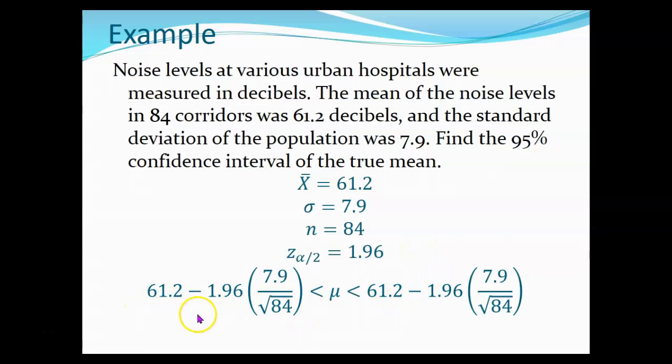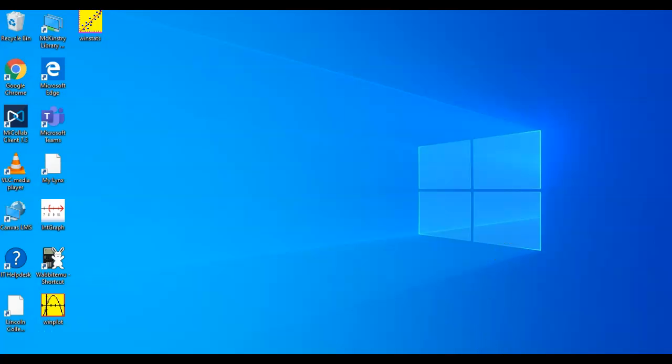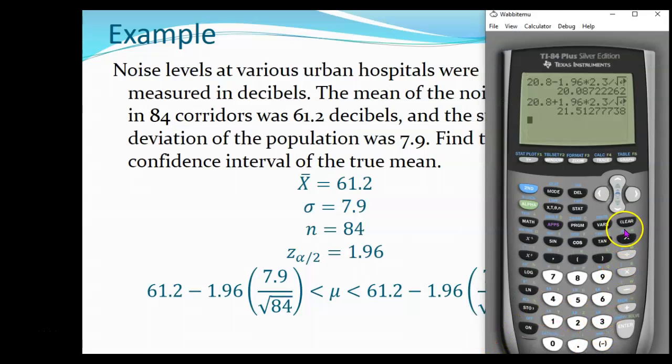So put that all into the formula. 61.2 minus 1.96 times 7.9 divided by the square root of 84 is about 59.5.